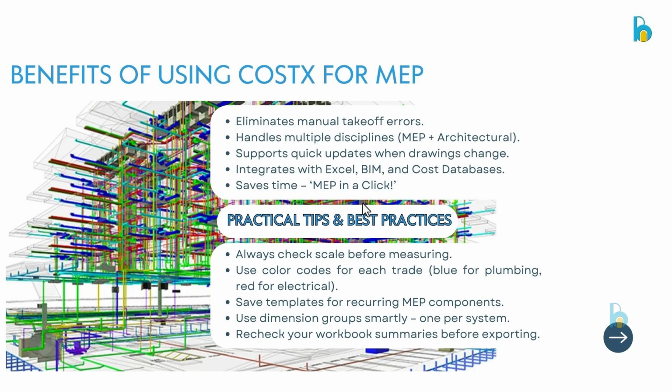Whatever you create here, like I said earlier, I have my own standard dimension group, which I've already created for quantity takeoff from substructure to superstructure, and so on. You can also create your own dimension group and then save them as standard dimension groups, so that whenever you want to perform another takeoff, you don't need to recreate all these dimension groups. When you have them created, you can save them and reuse them in your next project.